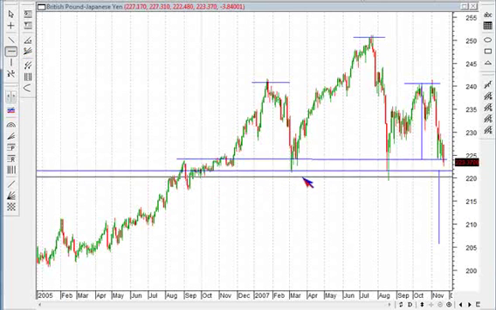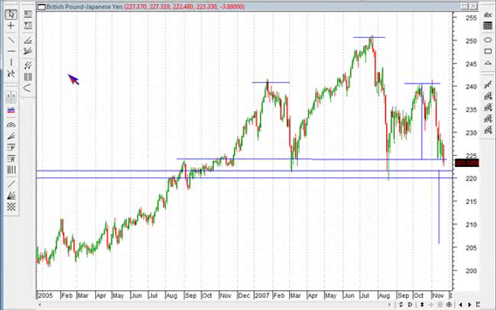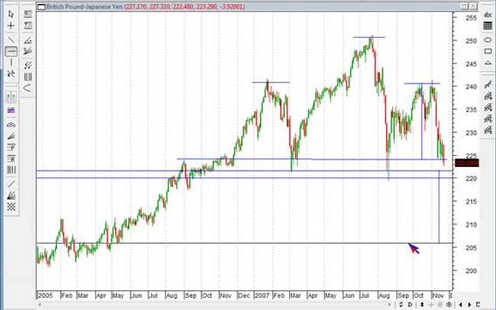If it breaks down below here, hits 220, this pair could go down a long ways. As we see here, could come down to 206. That wouldn't be too bad, making all the pips from 220 down to 206. I could handle 1,400 pips on this one if it moves.